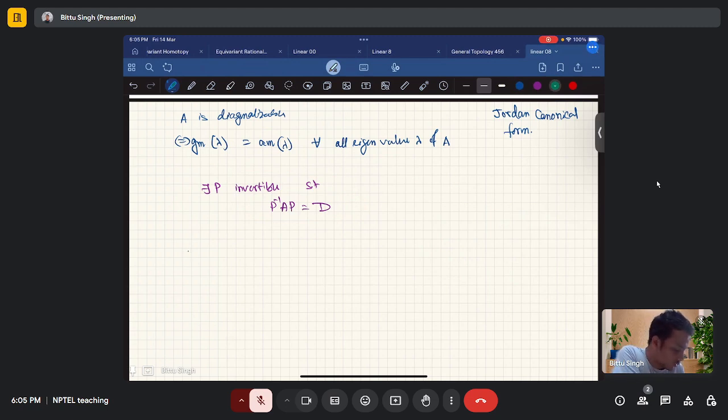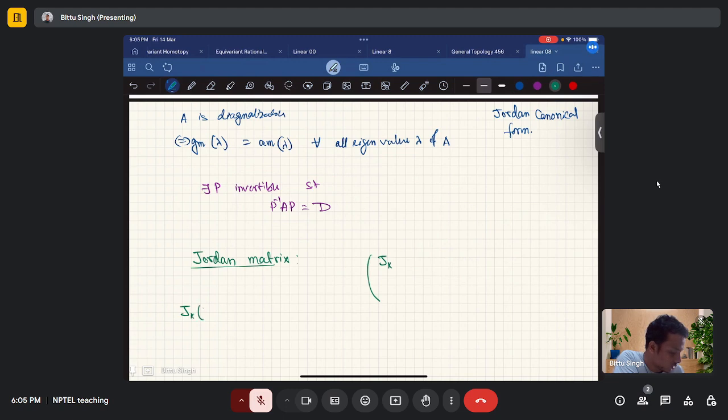That's why the Jordan matrix comes in. So what is a Jordan matrix? A Jordan matrix is made from some blocks. Let me give those names, for example J_k. Before that, let us define Jordan blocks.